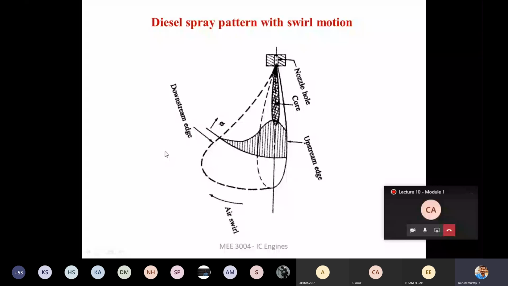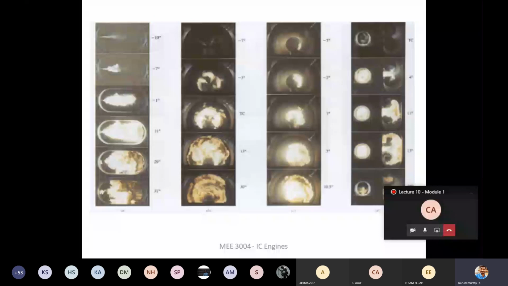Coming to some of the diagrams of the fuel spray for different types of engine cylinder with fuel injection. Consider a direct injection system for a CI engine with only one hole, or one orifice, and there is no air motion.